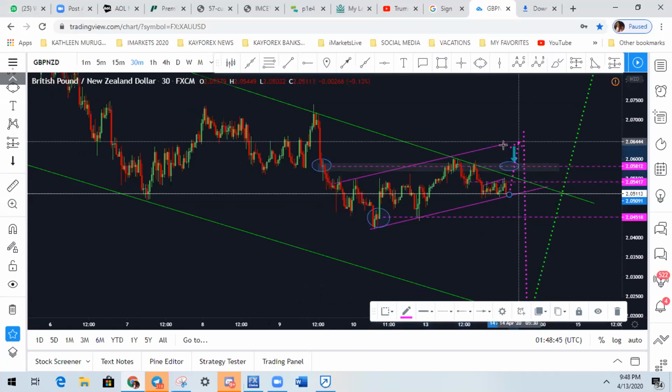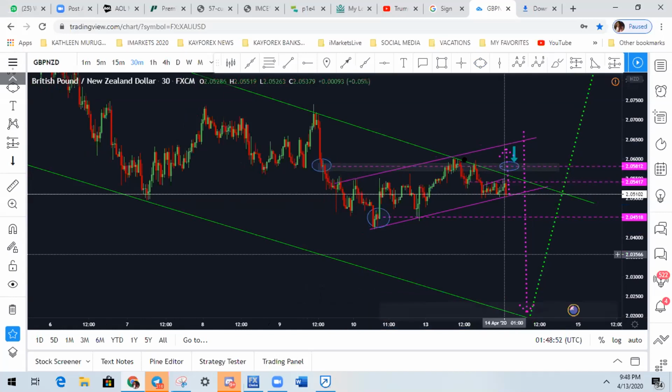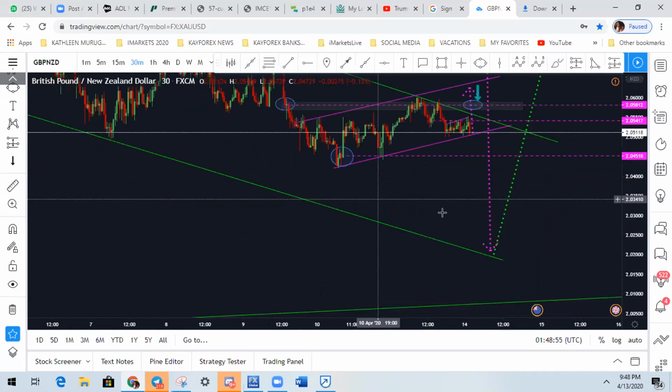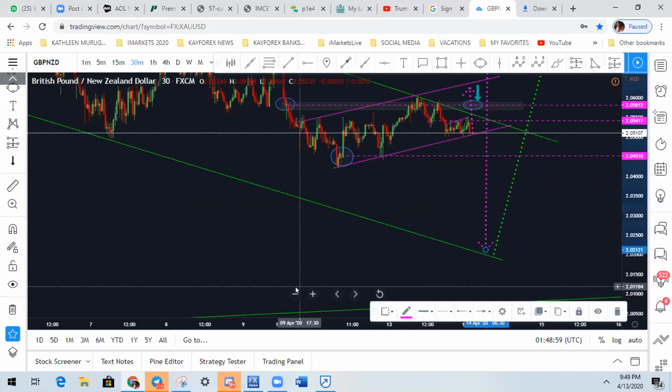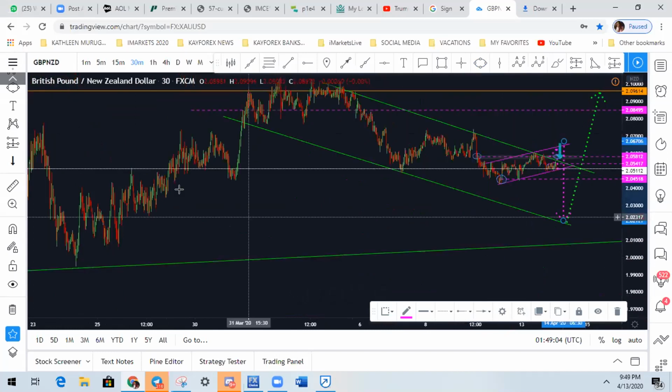If we get a break out of this one here, I'm wondering, even if we get a break out of this one, do we have to be careful, or should we head all the way down here? Is there nothing else down there except this area? Yeah, and you even have a zone.